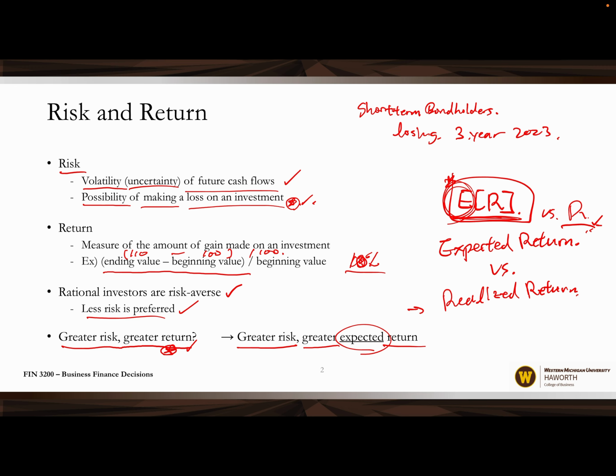So even though bonds are safer compared to equity, as we mentioned in the second exam too, bondholders face less risk, but their bonds are still risky investments. That's why it could be the case that you lose money even though the volatility is smaller.